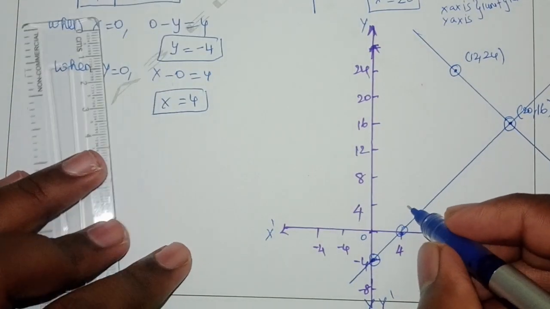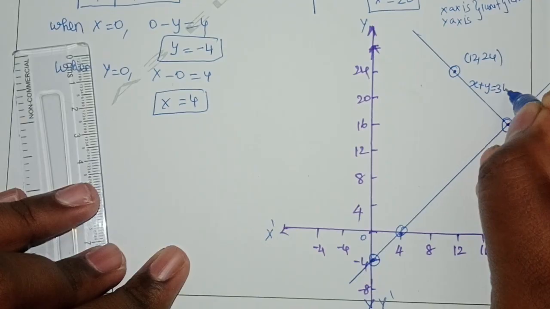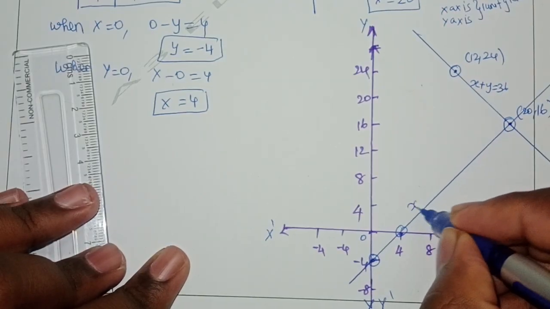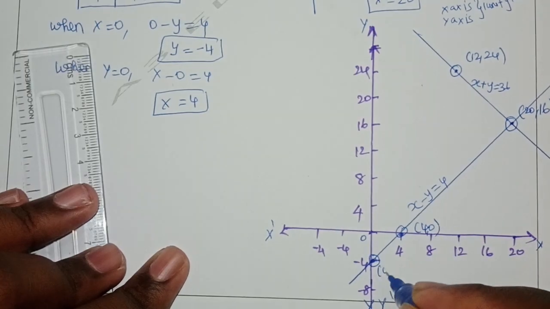Write the equation on the top: x plus y equal to 36, and this equation, x minus y equal to 4. The points are 4 comma 0 and 0 comma minus 4.